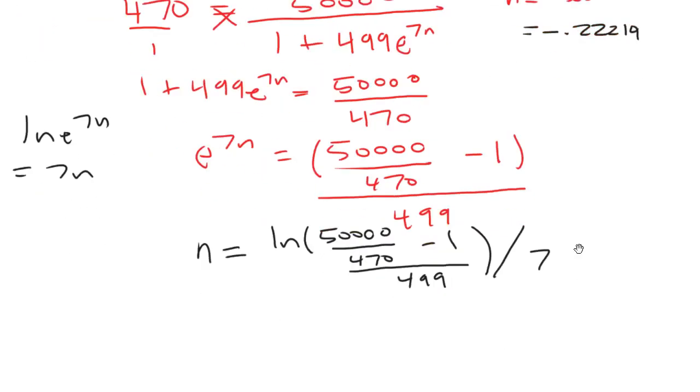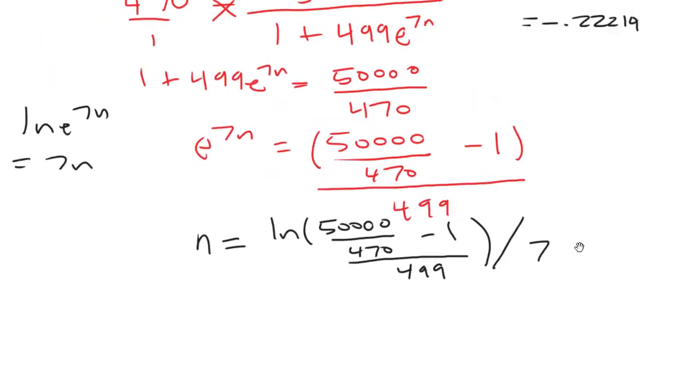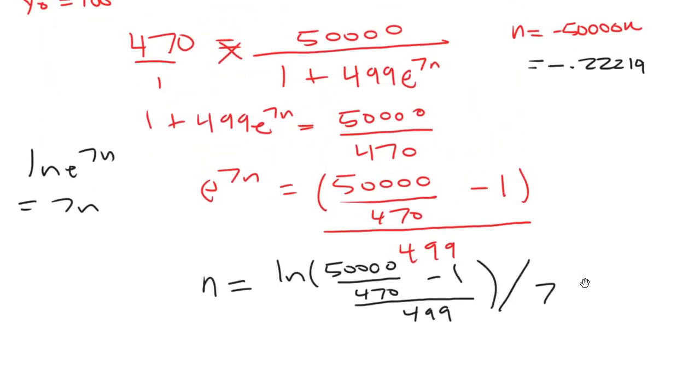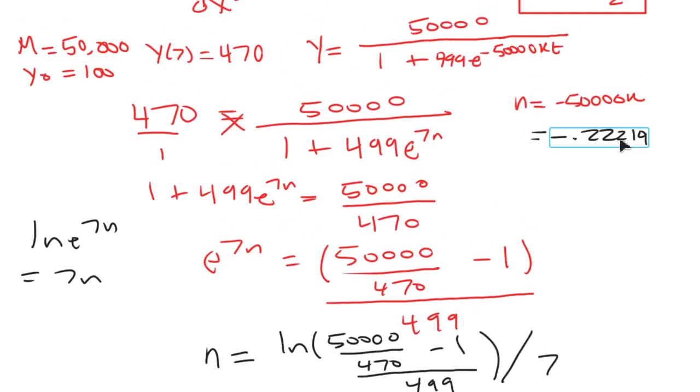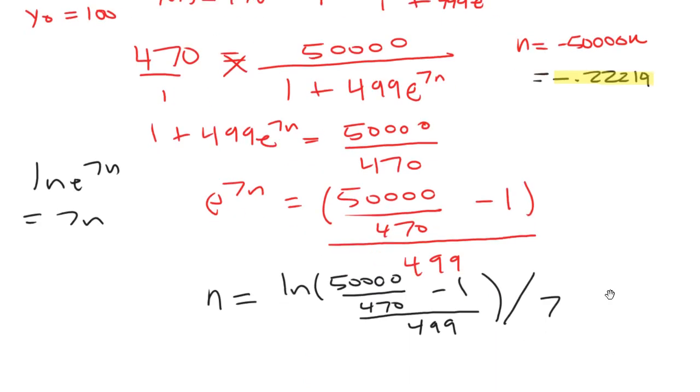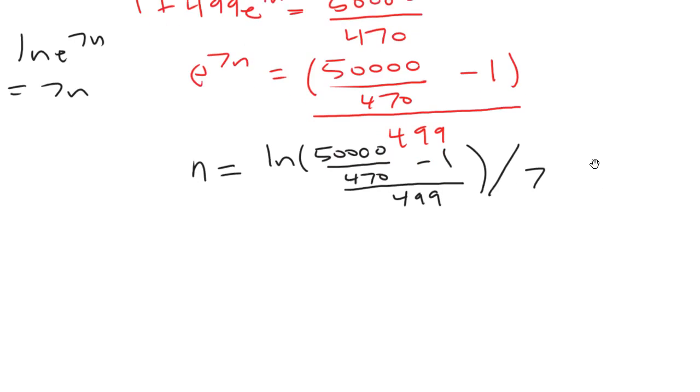So what that means is that you can now substitute the value that we have, because this represents the value of the negative 50,000 k. Okay, so in this case, we can then state our function.